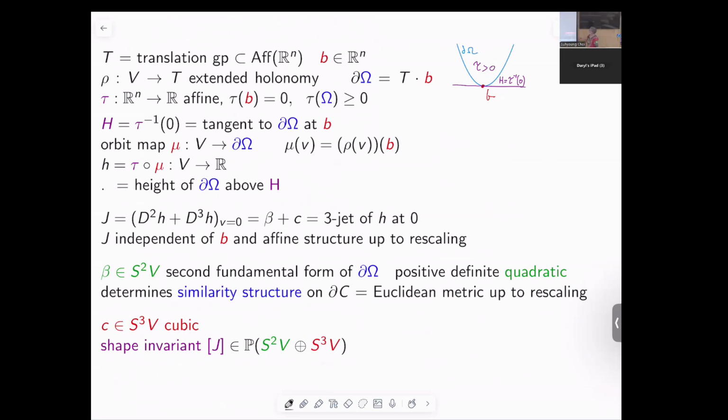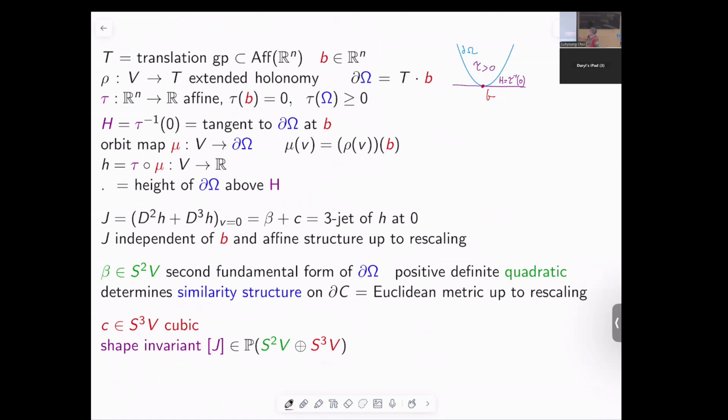How do you do that? Roughly speaking, you take a tangent plane to a point B on the surface. You then think of this surface as a graph lying above the tangent plane. And so the height is a function of the coordinates in the tangent plane.